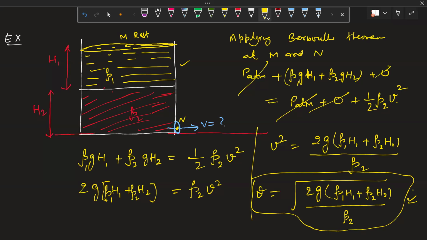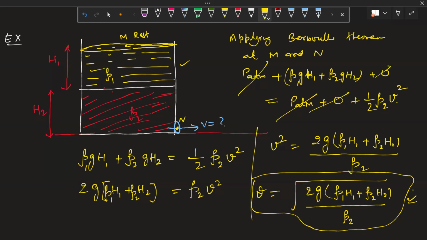Okay, so today we have completed the Bernoulli's theorem and its application. So you understand the Bernoulli's theorem is all about conservation of energy, right? Yes, sir. And also you can say that it is basically energy per unit mass or per unit volume.